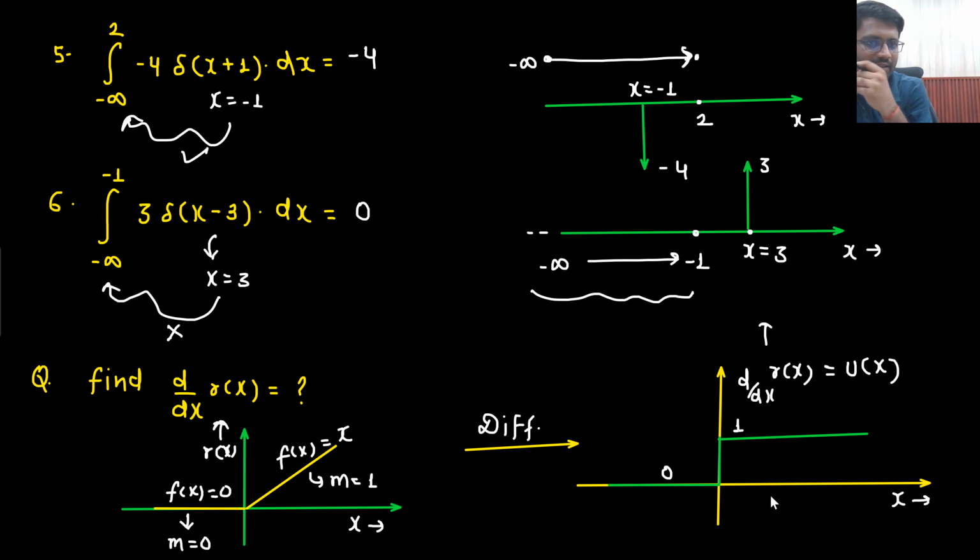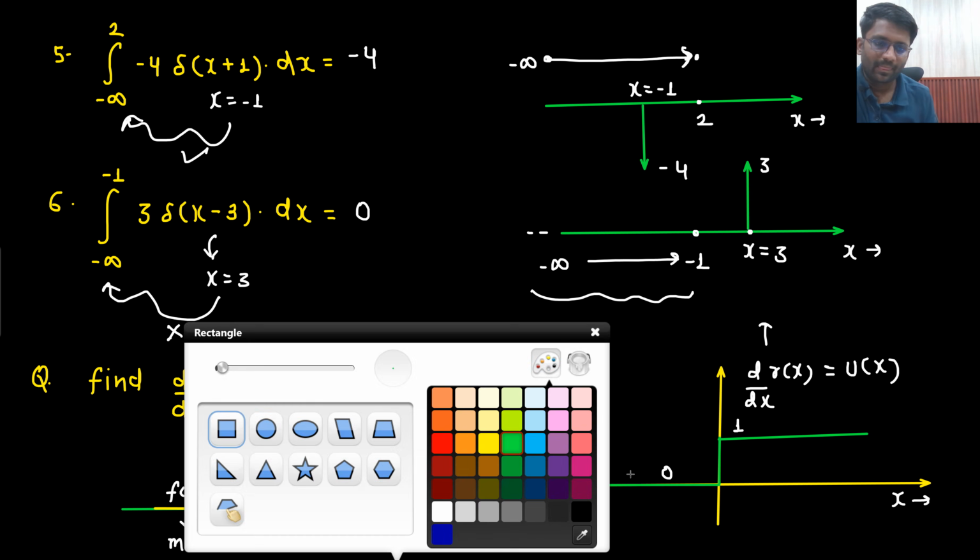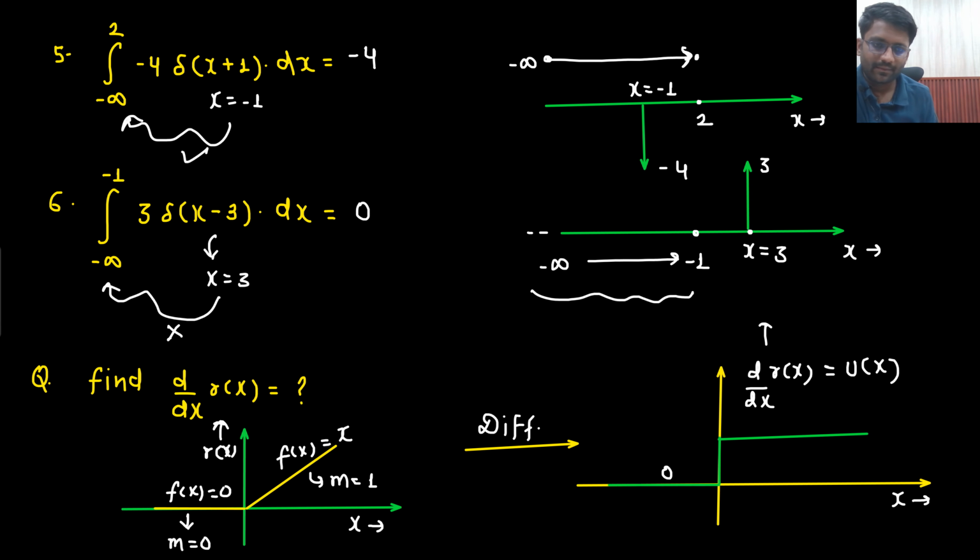So what did you understand? The differentiation of Rx is nothing but ux. D by dx of Rx is nothing but ux. That's it.